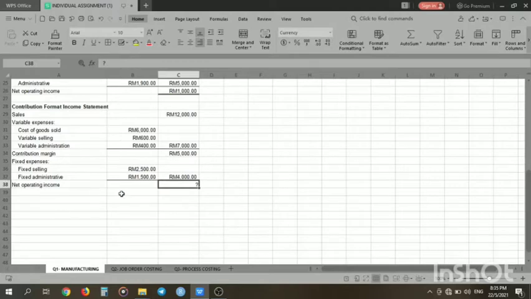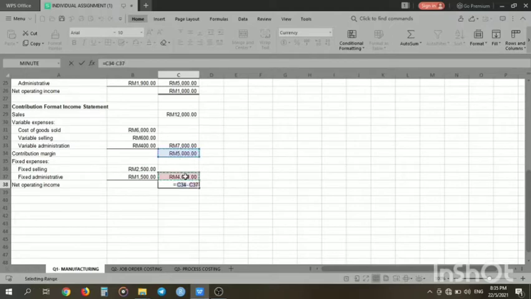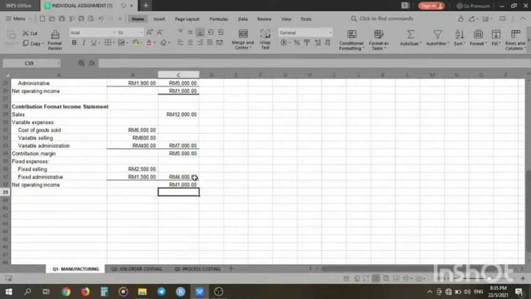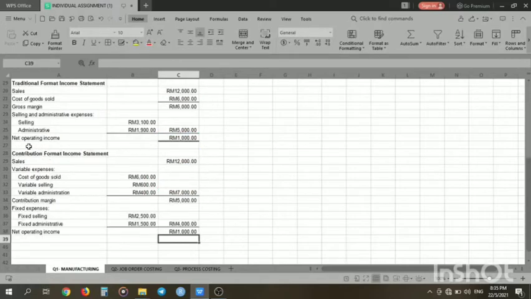To get the net operating income, contribution margin minus the total of fixed expenses equals 1,000 ringgit. And the amount of net operating income for these 2 formats, the traditional format and the contribution format income statement, should be the same, which is 1,000 ringgit.